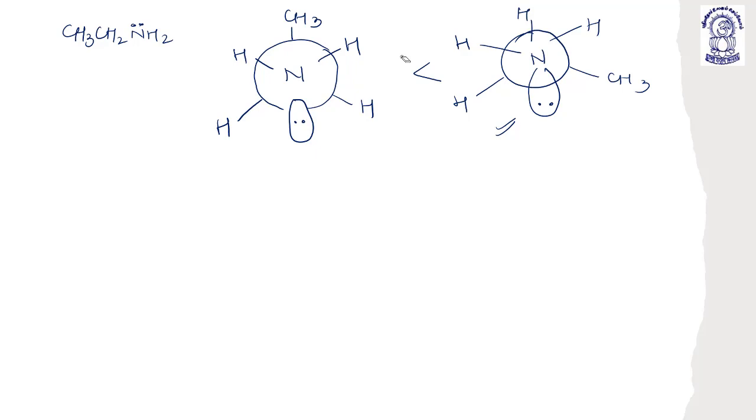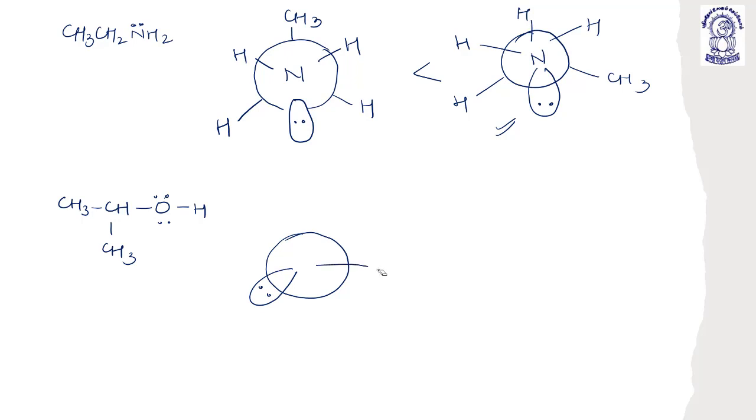Okay. Another example I will give you is isopropyl alcohol, lone pair, H. This form is more stable than this form.